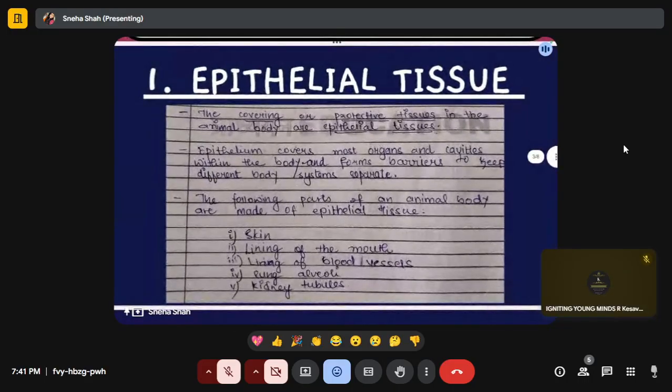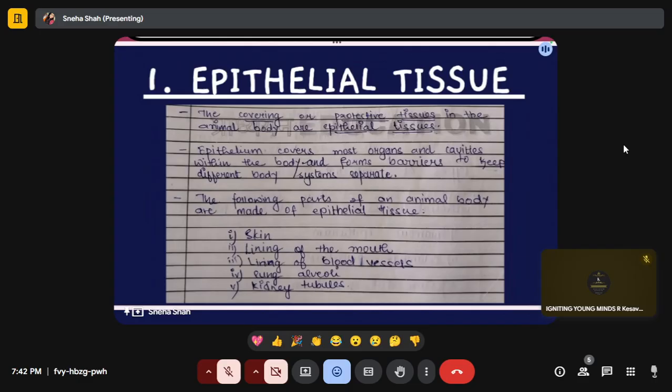See, the covering or protective tissue in the animal body are epithelial tissues. When I say covering, it is the outer covering, that is the skin of any living organism, any animal. Okay, so the covering or protective tissues in the animal body are epithelial tissues. Epithelium covers most organs, and it's not only the entire body, understand that also.